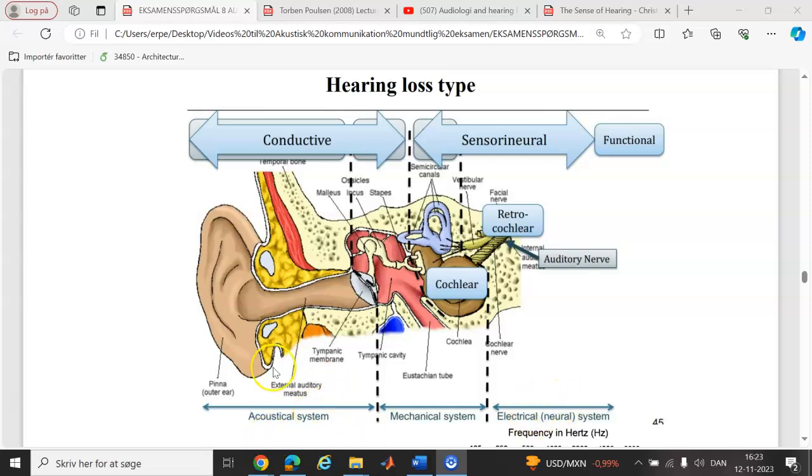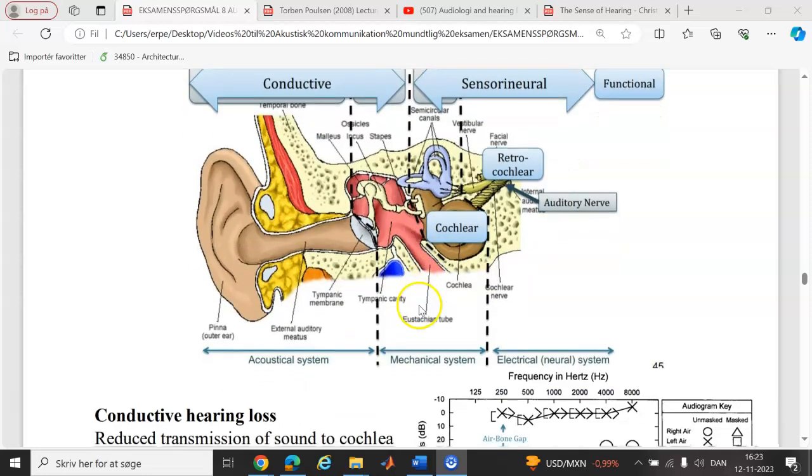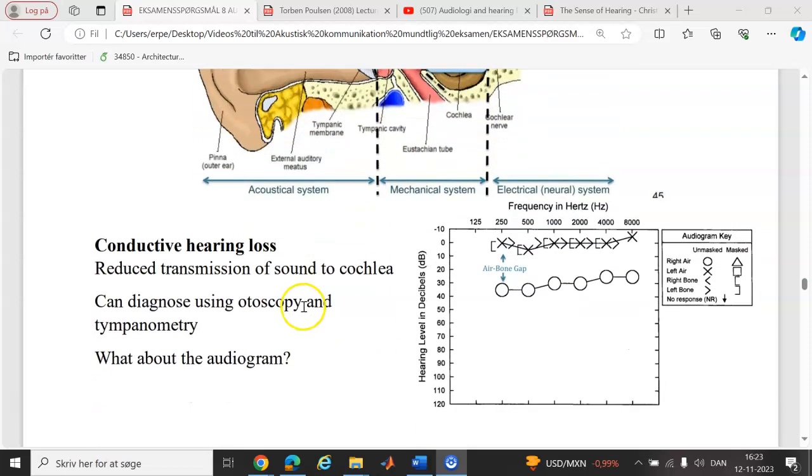Conductive is from the pinna to the ossicles, including the ossicles, and then the sensorineural is in the inner ear, cochlea, and auditory nerve system.